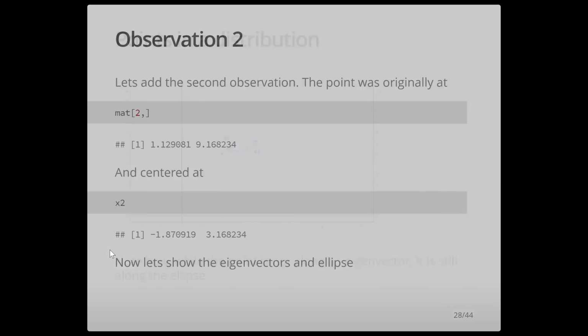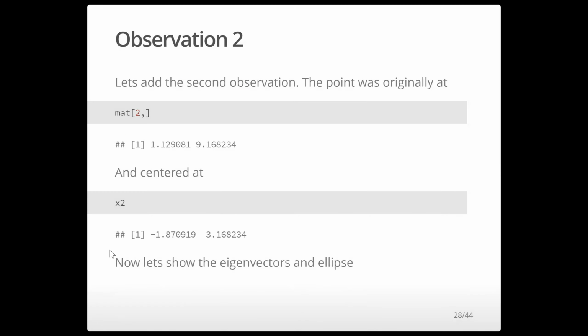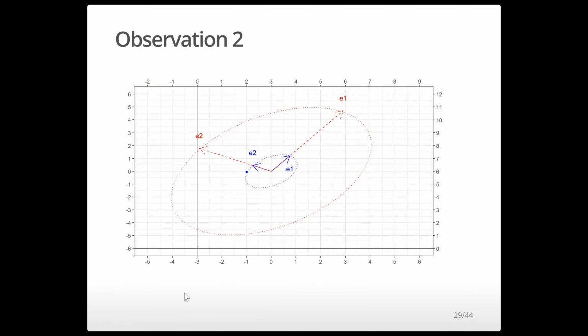So let's add a second observation. So this point was originally at 1.13 and 9.17, centered down here. So now here's this ellipse. For this point, I didn't show every step in the procedure, but this is again similar to what we did last week.